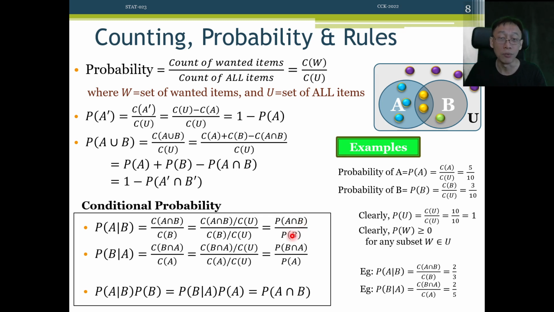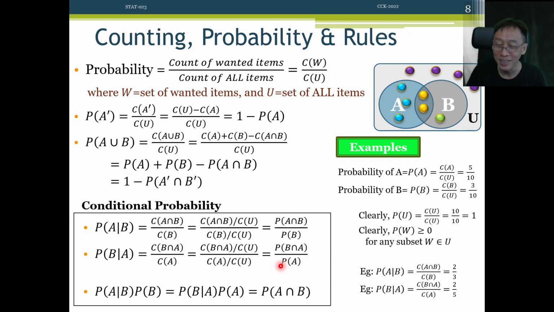Which means that if you bring up the denominator, so P of A given B times P of B, you just multiply to the left, and likewise for the bottom, P of B given A times P of A. Yeah, you just again bring the denominator to the left.